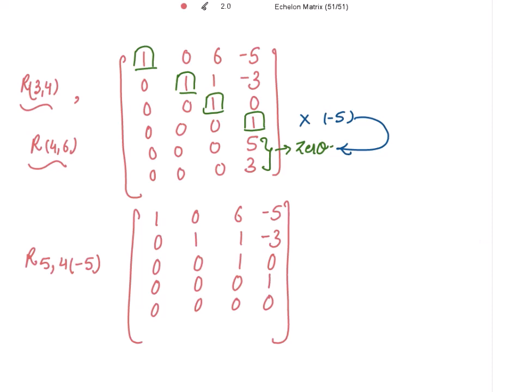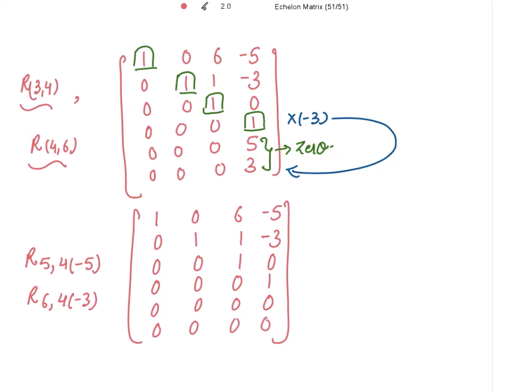And also if I apply the operation multiplying the row 4 with -3 and adding its elements to the last row, that is, I change the row 6 by adding its elements to the row 4, but the row 4 should first be multiplied with -3. So we get 0, 0, 0, 0 in the last row. So we have got our beautiful echelon form matrix.